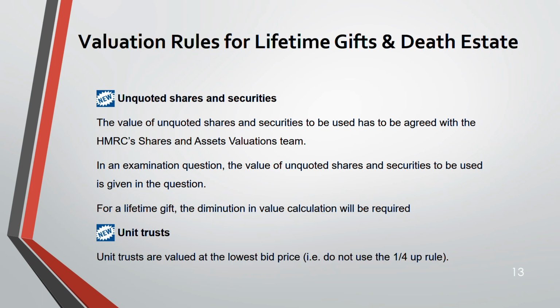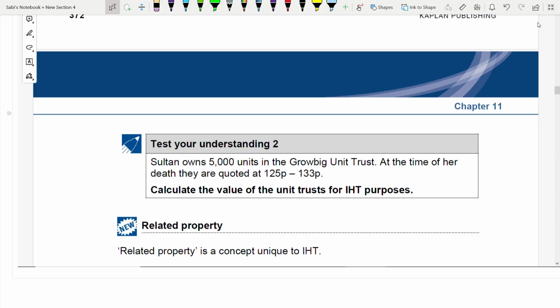Unit trust is the third type. The third valuation rule is for unit trust. If it's a unit trust, remember they are valued at the lowest bid price. So do not use the 1/4 up rule. Now let us do a question on unit trust valuation. Test your understanding: calculate the value of the unit trust for IHT.